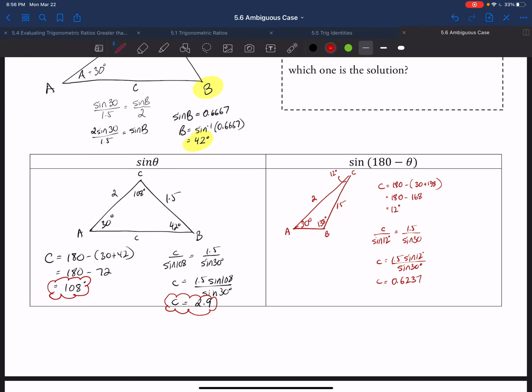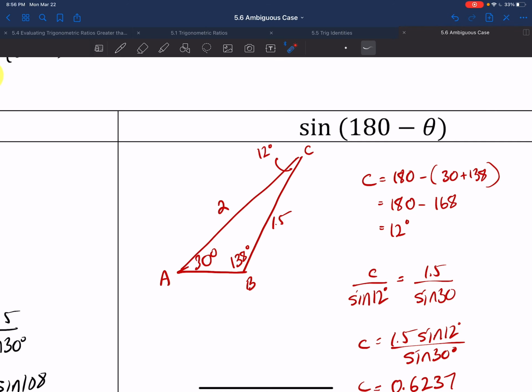So we can see here 2, 1.5, and 2.9 because side C was longer when angle B was 42. When angle B was 138, then side C was much shorter because this angle here is only 12, right?